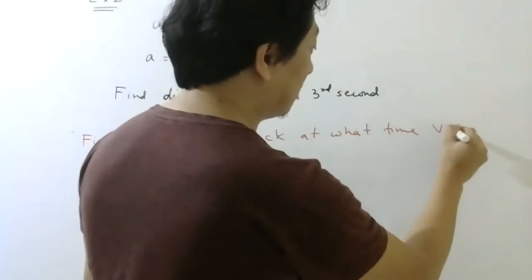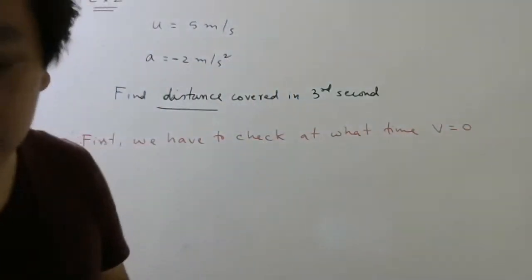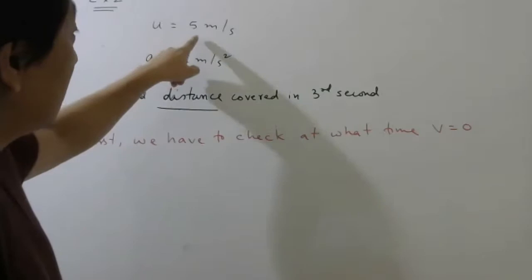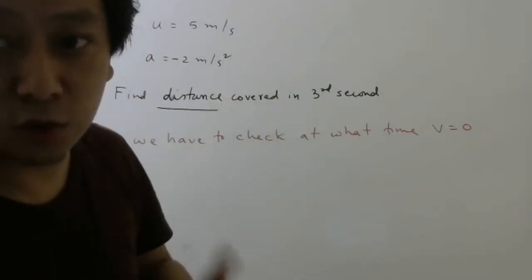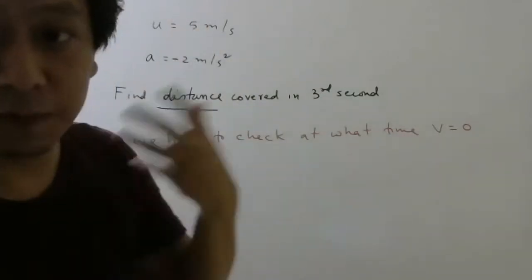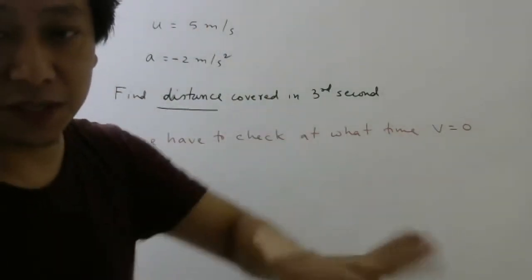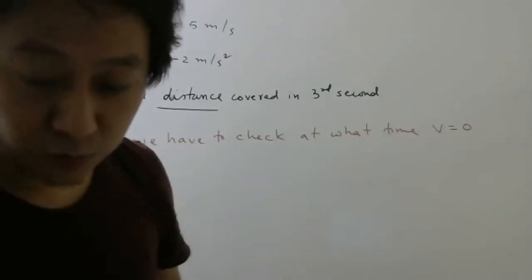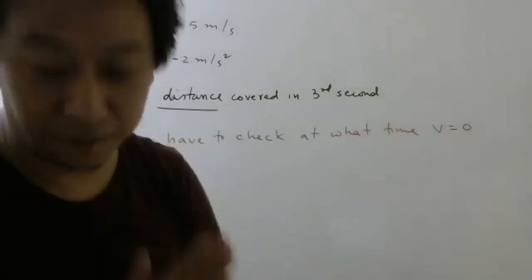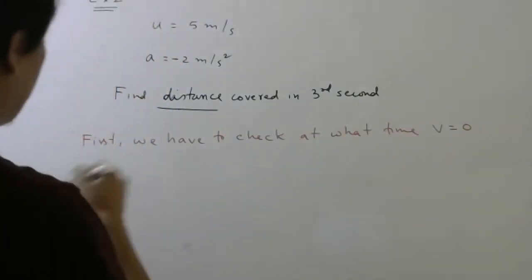At what time will velocity be 0? Because the velocity is decreasing, acceleration is negative, meaning it will slow down. 5 meter per second will become 3 meter per second, 2 meter per second, then 1 meter per second, then 0. Then it will turn back. So we have to check where it will turn.